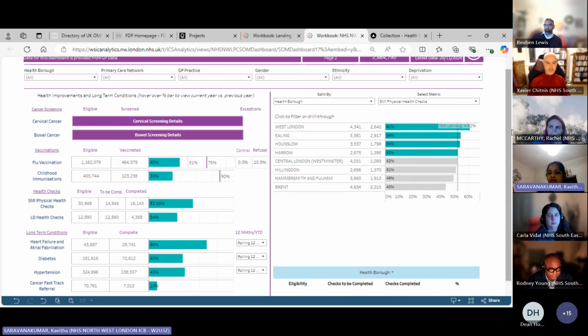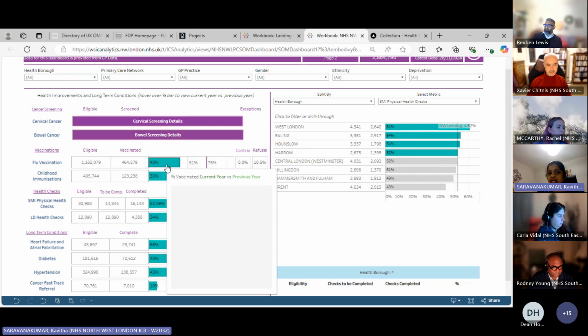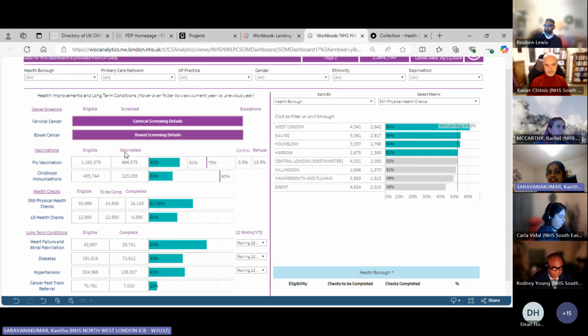So all of these are what they do on a regular basis, and there are certain targets they have to maintain, and they have to screen, vaccinate, and do their health checks for the eligible cohort. So what this is trying to do is provide them with the eligible cohort, of which how many need to be vaccinated, what percentage have they vaccinated to date, what is the total flu vaccination plus contraindication plus refusal, and what is the target that needs to be met.